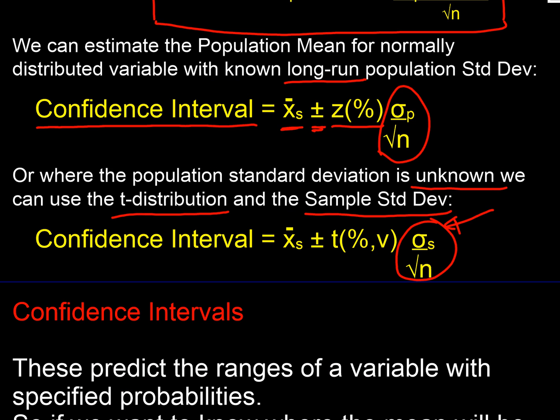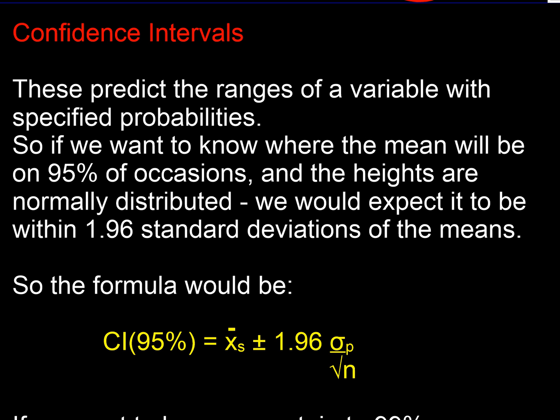Having a quick look a bit further at confidence intervals, we're usually interested in a percentage confidence. For example, if we're interested in where the sample mean is going to be in 95% of occasions, and our variable is normally distributed, we can look up in our normal distribution tables and establish that we would expect it in 95% of occasions to be within 1.96 standard deviations of the mean.